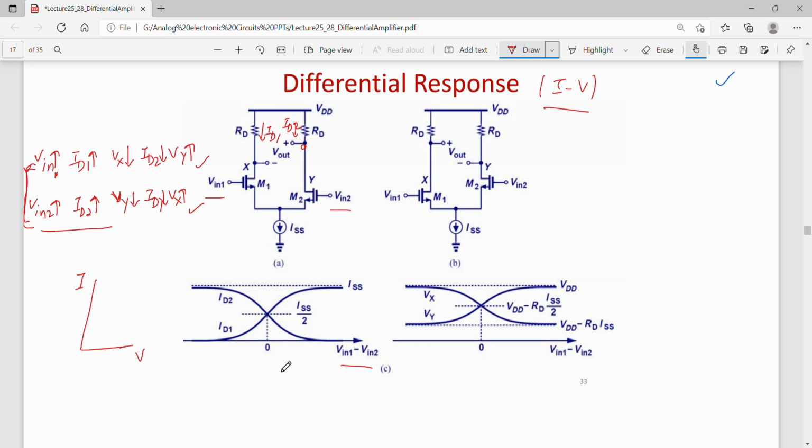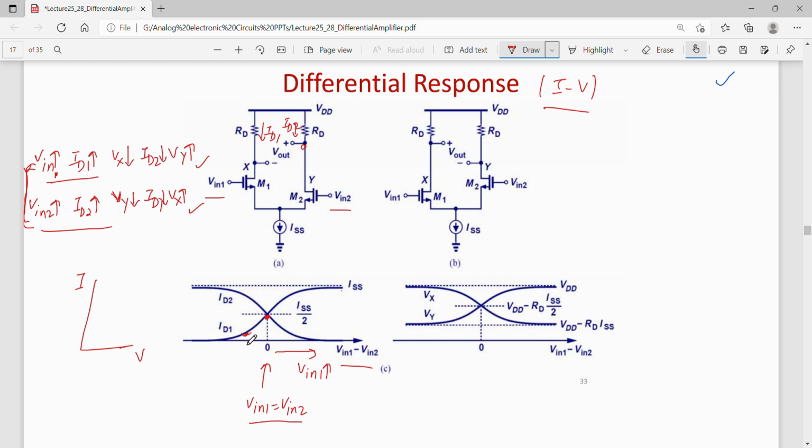So this is the point where both Vin1 and Vin2 are equal, or Vin1 minus Vin2 is 0, and because these two inputs are the same, the current drawn by the transistors will also be the same, which is ISS by 2. Now beyond this point, if I go to the right where Vin1 is increasing, ID1 should increase, up to ISS.